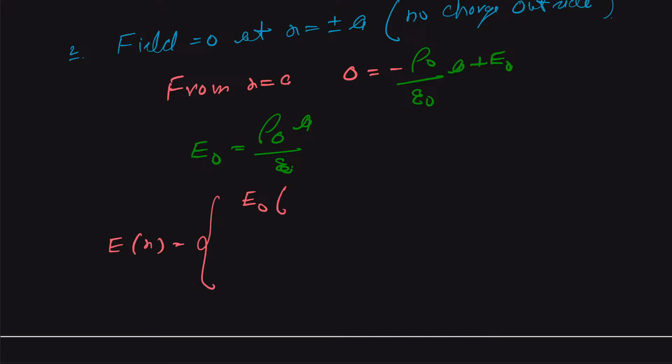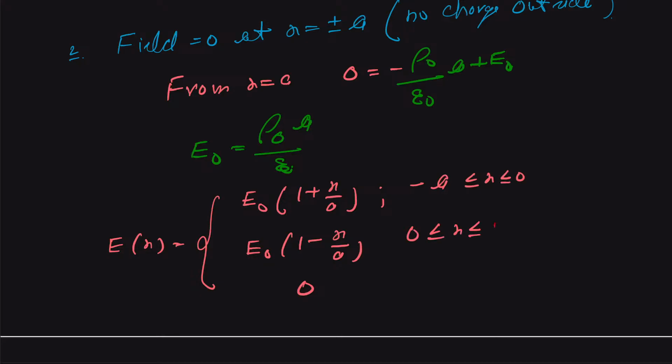First will be E naught, 1 plus x upon A. Second one will be E naught, 1 minus x upon A. And third one is 0. The first one is between minus A and 0, the second one is between 0 and A, and the third one is when modulus of x is greater than A.